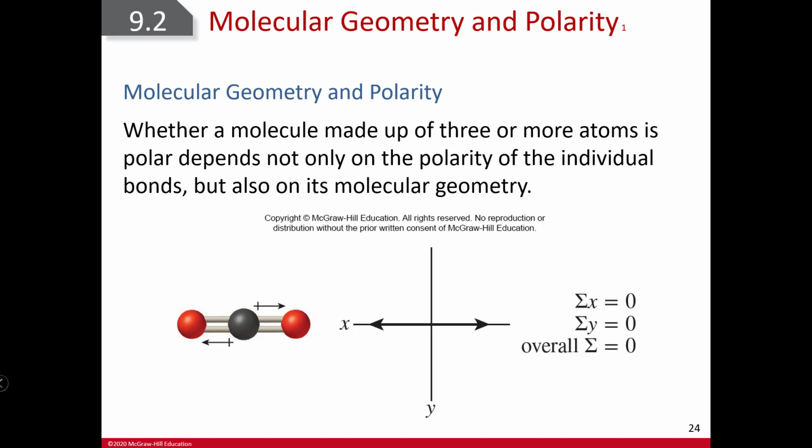But what you see here is, first of all, we would evaluate the type of bond that is occurring between carbon and oxygen. And so you would say that the electronegativity of oxygen is 3.5, and the electronegativity of carbon is 2.5, for a difference of 1.0.